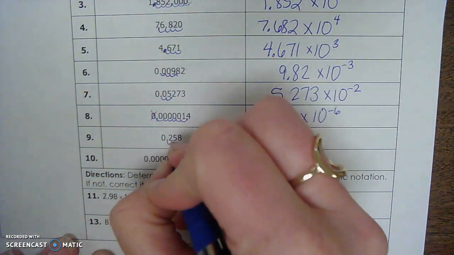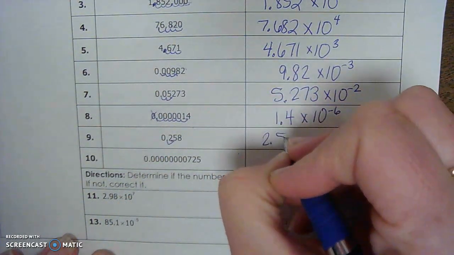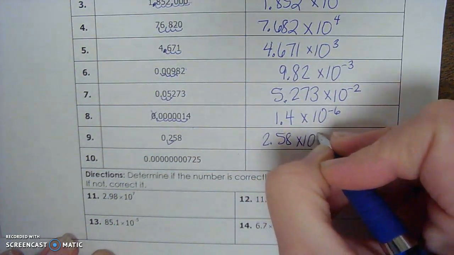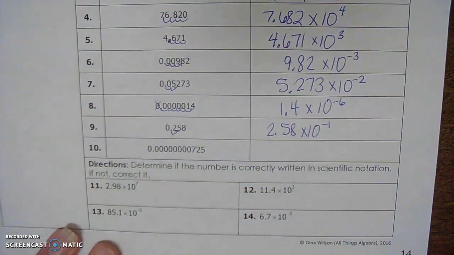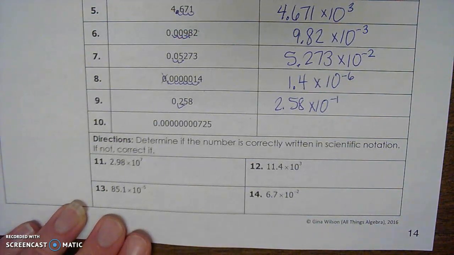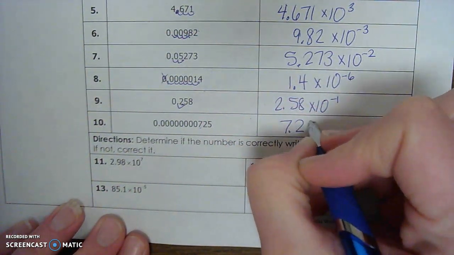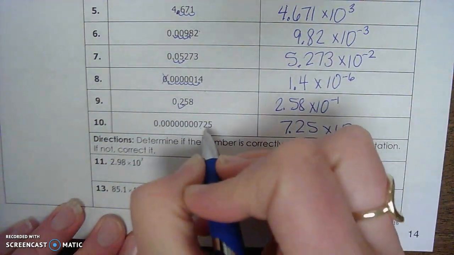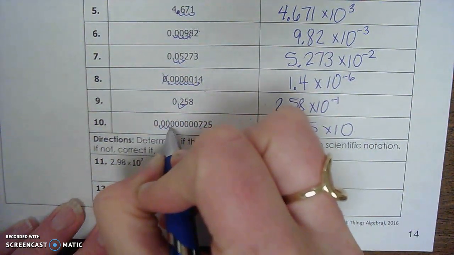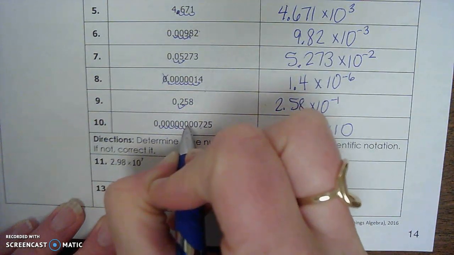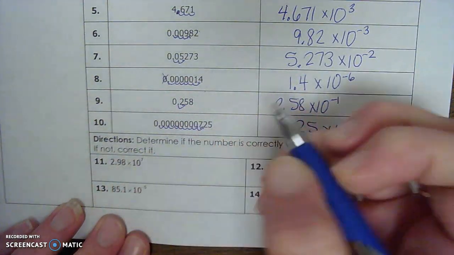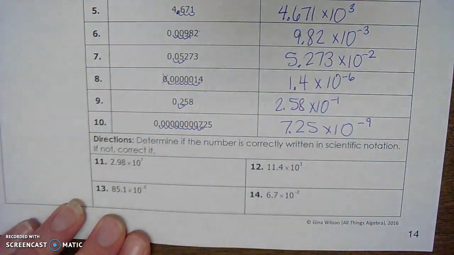This one's really weird. You just move it once. 2.58 times 10 to the negative 1. Our last one, 7.25 times 10. 1, 2, 3, 4, 5, 6, 7, 8, 9. So to the negative 9th power.